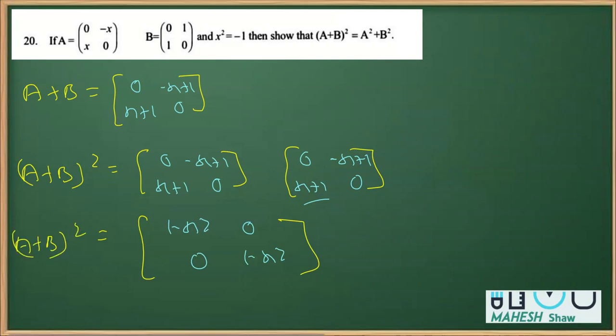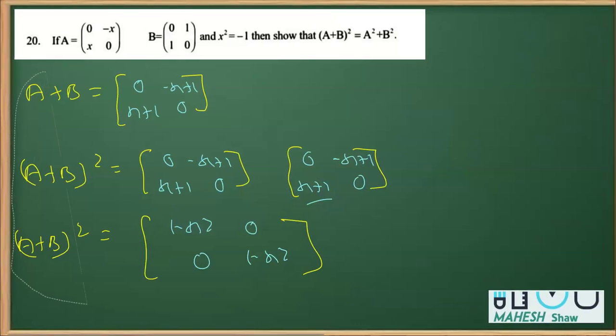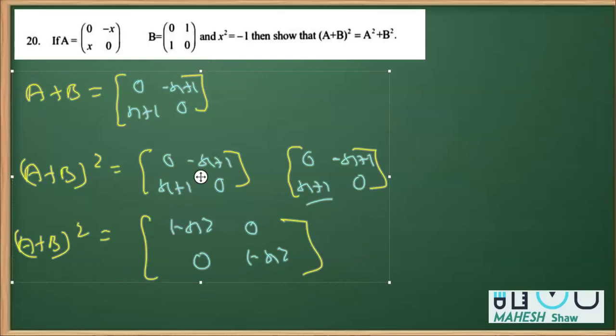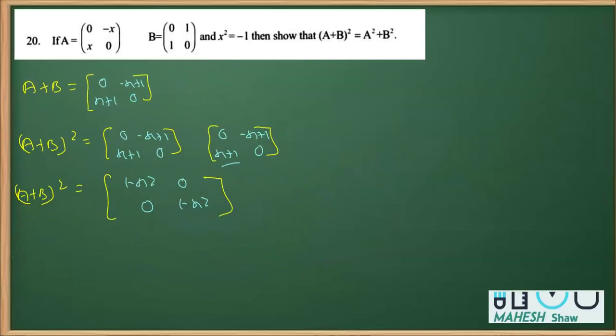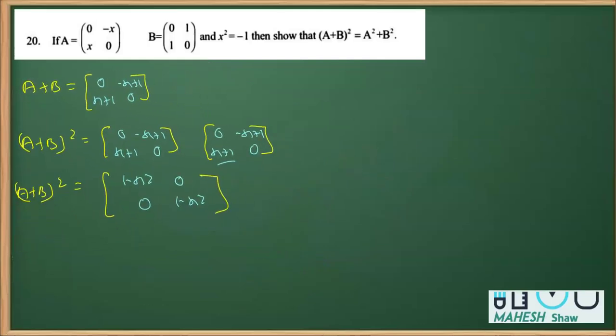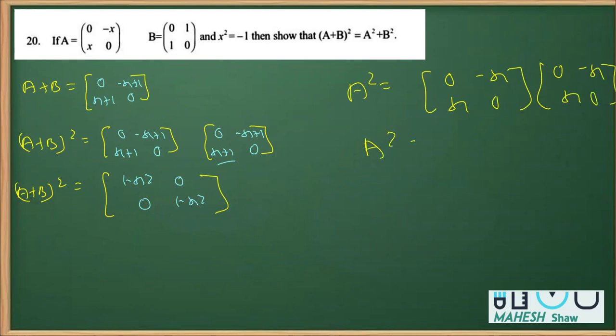As you can see in the RHS, we have to obtain A square and B square. So for that, let me make some space over here. Now in the next part, I'm obtaining A square. Clearly A square is A multiplied by A, that is 0, minus x, x, 0, multiplied by 0, minus x, x, 0.